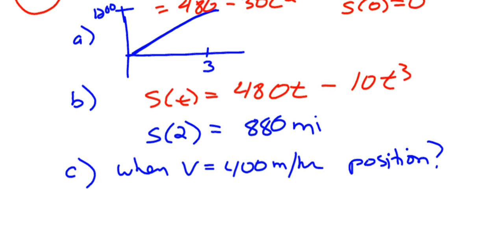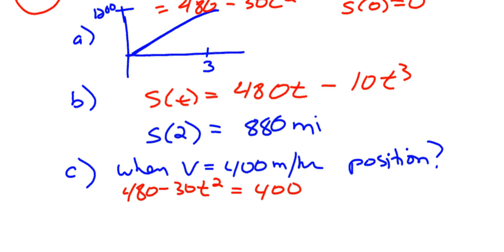This is the case where I'm going to take my initial velocity function and set it equal to the 400 miles per hour. I'm going to find t, and I think I missed my 30 up here. Hold on. It was 480 minus 30t squared. And then I'm going to set it equal to 400.